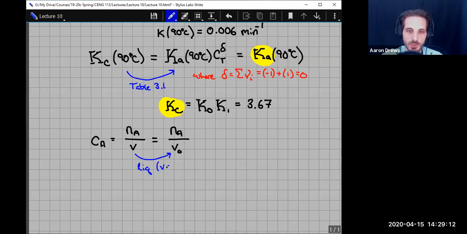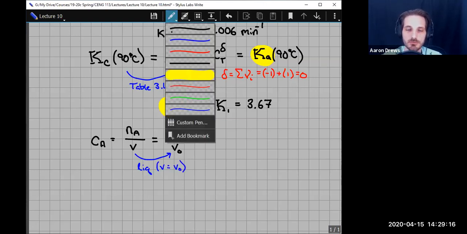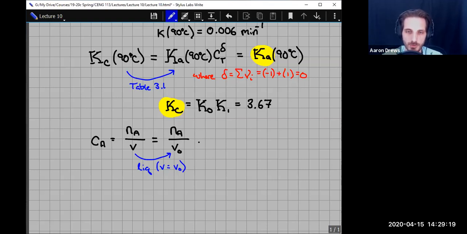Because for liquids, we always have that the inlet volumetric flow rate is equal to the outlet volumetric flow rate. And that'll always hold for liquids. So this ends up looking like N sub A over 1 liter per minute, which is effectively just N sub A, right? The unit is there. It's a mole per minute, but it's been divided by a 1 liter per minute there.